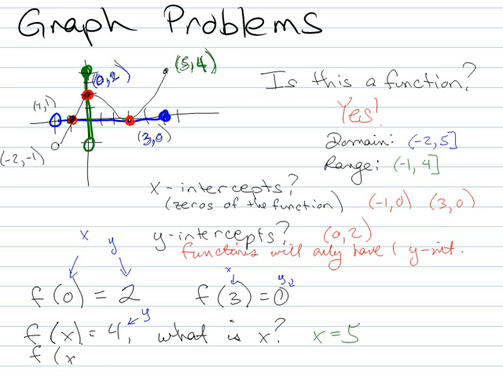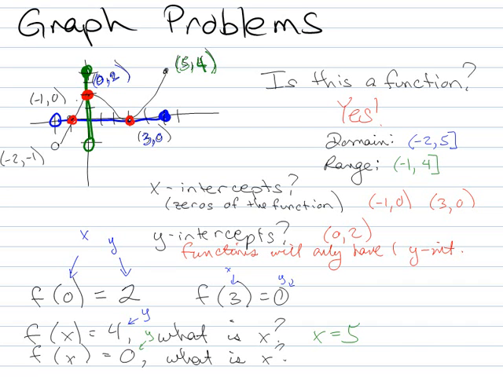These problems can have multiple answers. So if I said if f of x is 0, what is x? So when y is 0, what is x? We go here and I look at our points again. Oh, I labeled this point wrong. I'm sorry. -1, 0.